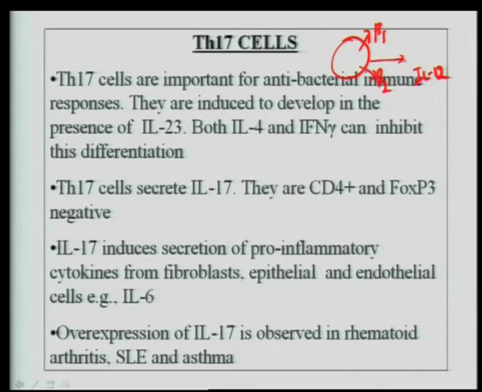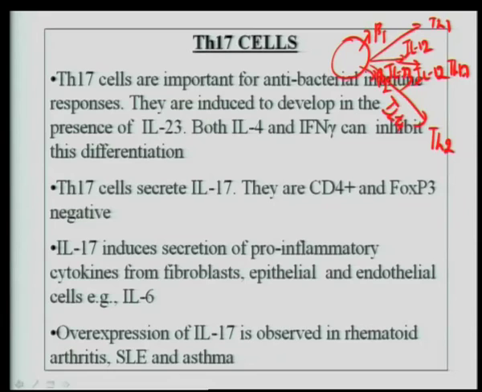Once this happens, this particular cell is able to bind IL-12. So, if it is able to bind IL-12, there are different ways by which it can go for differentiation. If IL-12 predominates over there, it differentiates into Th1. If in the milieu you have IL-4, this differentiates into Th2. On the other hand, if IL-23 predominates in this situation, then they develop into Th17 cells.